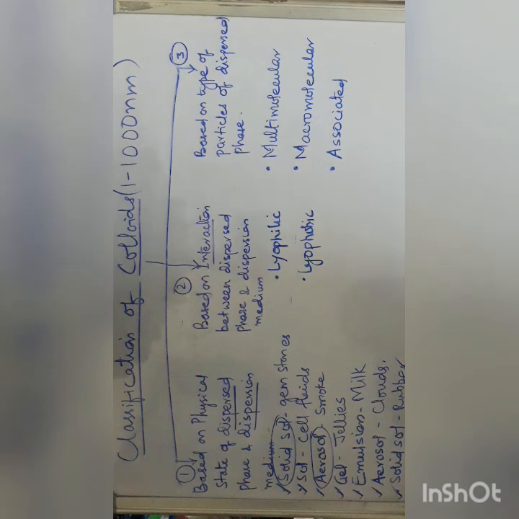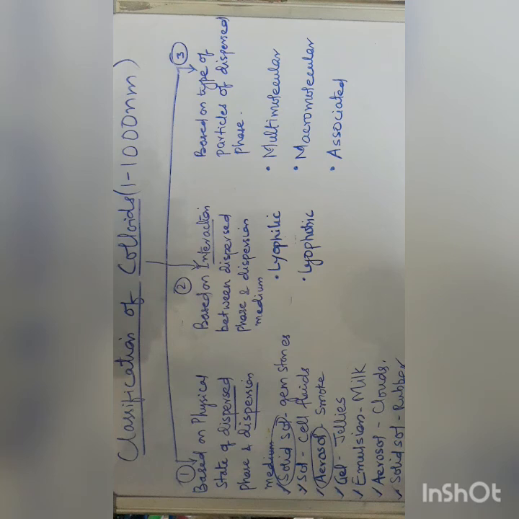The term lyophilic, as it indicates, means having affinity towards the dispersion medium, or liquid loving. So in this type of sols or colloids, mainly starch sol, gum, rubber or gelatin are examples of lyophilic colloids.